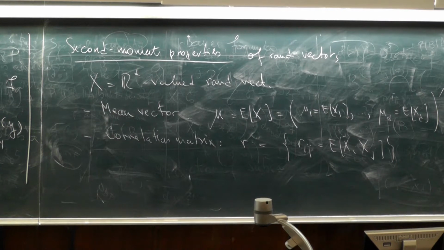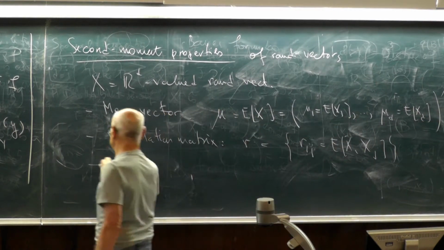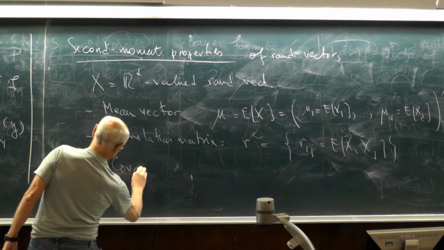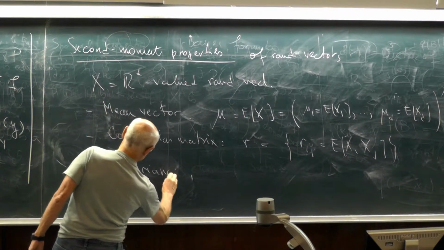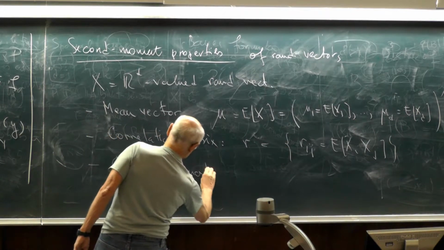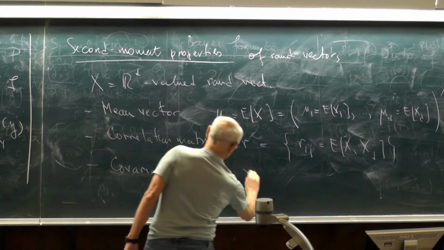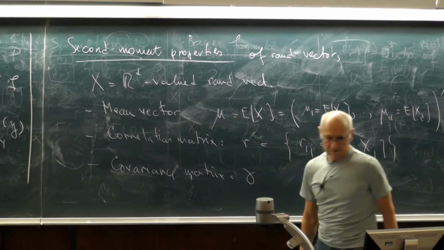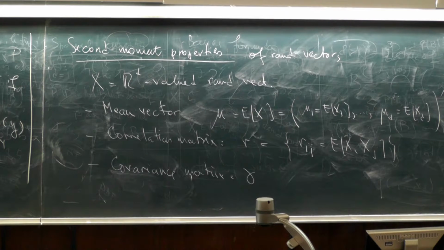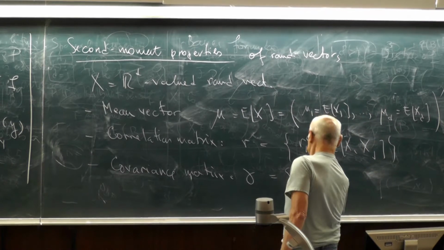And the covariance matrix, let's call it gamma. It's a similar expectation of second order moment, but you pull the mean out. You center the moment. Right?